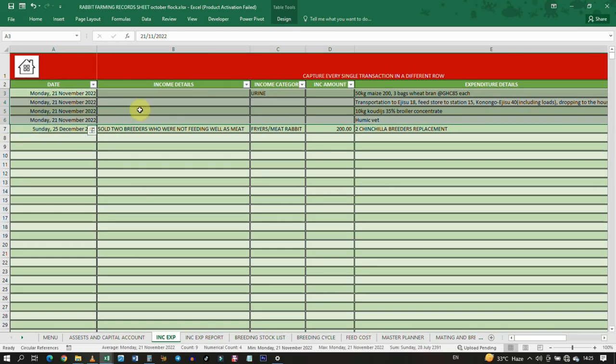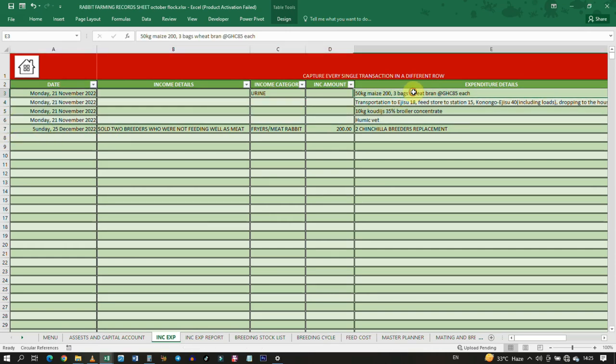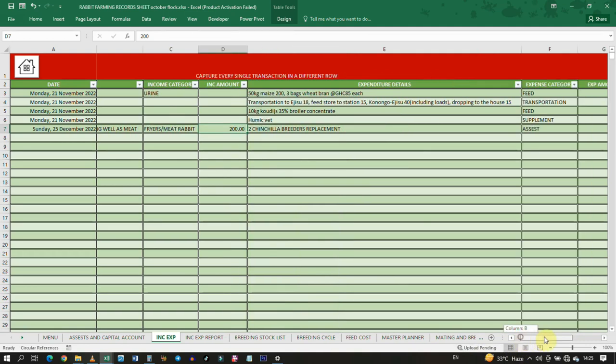So whatever you enter in the income, you enter it on the same line for expenditure. So here we have an income. We sold 2 breeds who were not really eating well. We sold them as meat. So I recorded it as an income.